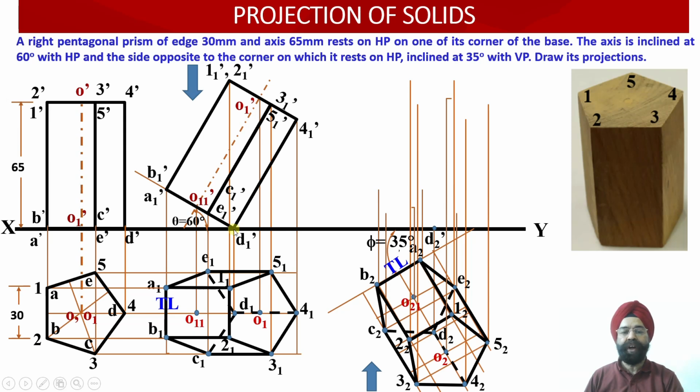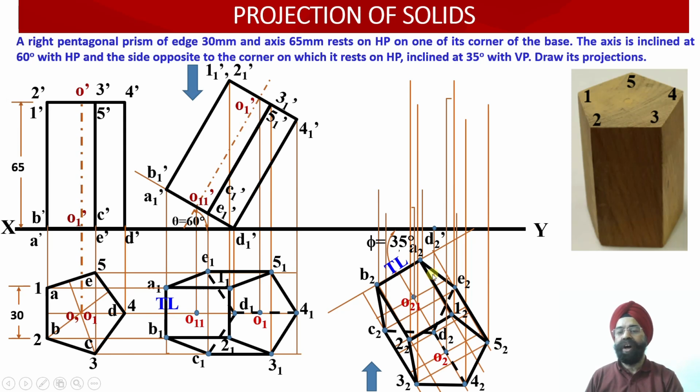Here, first of all, we have got the point D1 dash available with us. From D1 dash, please check, we have drawn a horizontal projector line. Wherever this horizontal projector line, which is coinciding with the XY reference line, intersects the vertical projector line emerging from the point D2, this is our point D2 from the plan projection view.